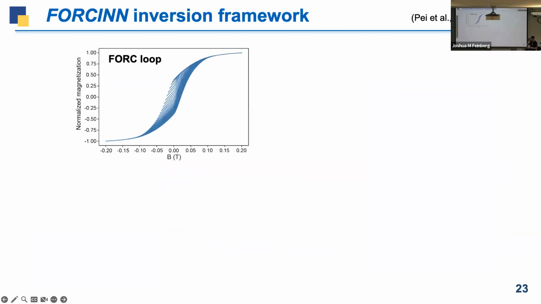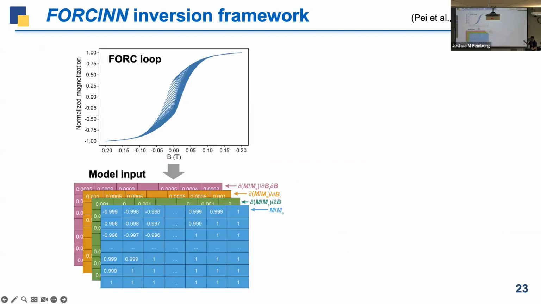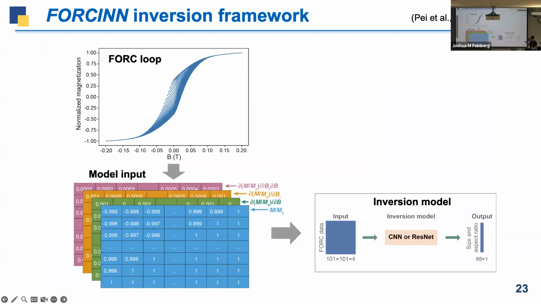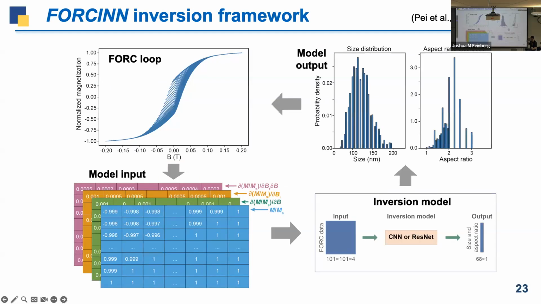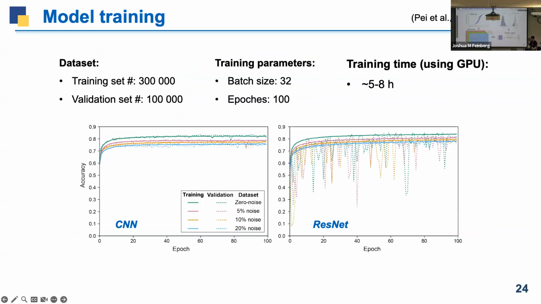And then we have this inversion framework. We call it FORCing. First, we use the original FORC loop as input to the model, and then we build an inversion model based on a CNN or ResNet model, and then we predict the size distribution and the aspect ratio distribution of the particle assemblage.